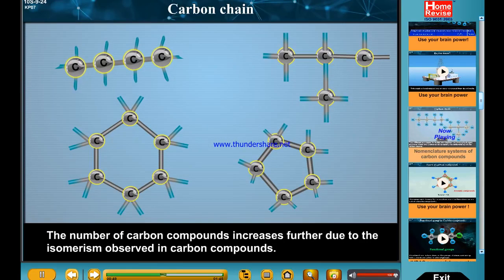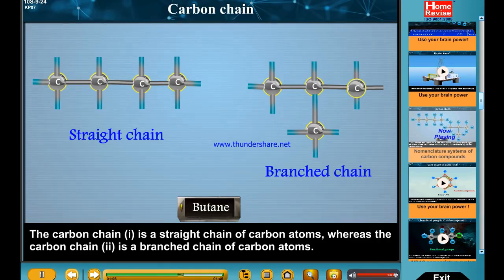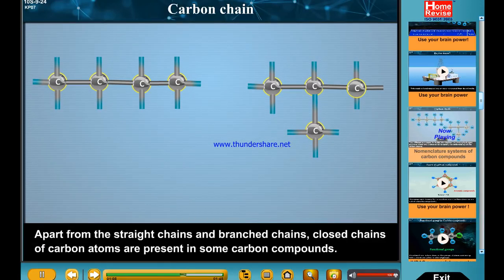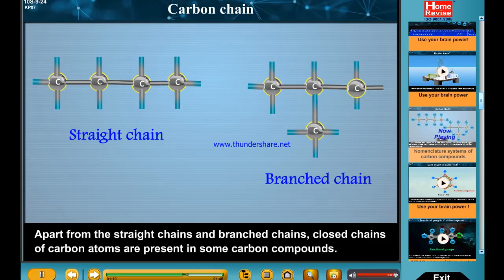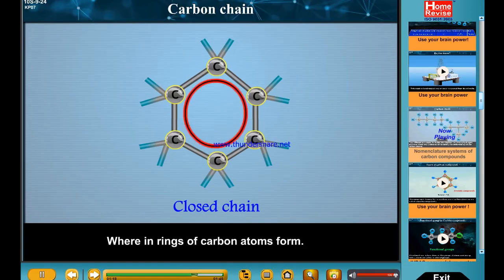The number of carbon compounds increases further due to the isomerism observed in carbon compounds. The first carbon chain is a straight chain of carbon atoms, whereas the second carbon chain is a branched chain of carbon atoms. Apart from the straight chains and branched chains, closed chains of carbon atoms are present in some carbon compounds, wherein rings of carbon atoms form.